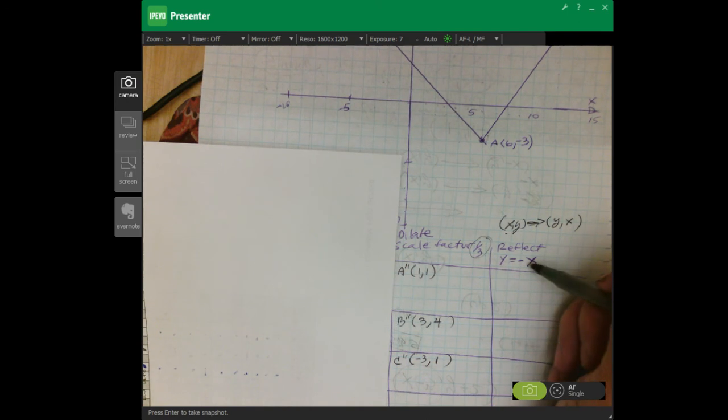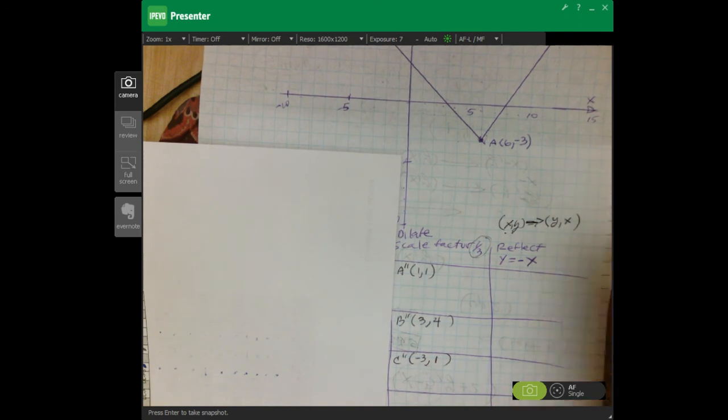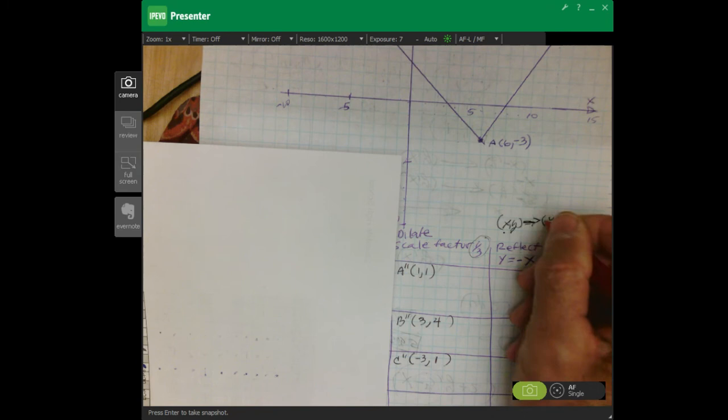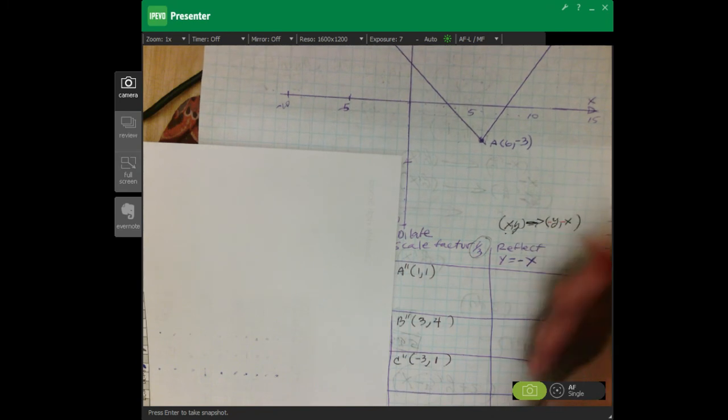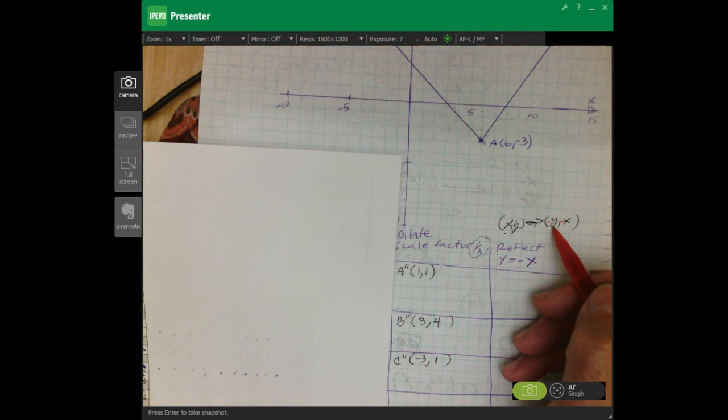And if it's the line y equals negative x, then you also change the signs. Okay, so try not to think of these as negatives. We talk about it as negative y or negative x. Think of it as opposite.